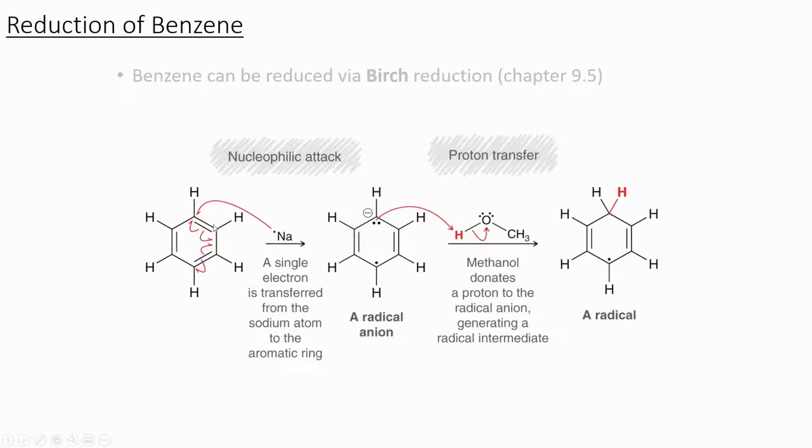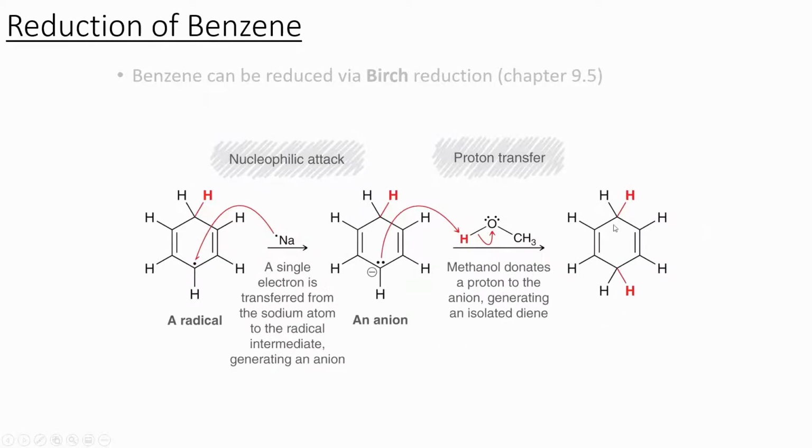First, we'll have nucleophilic attack by the sodium, and that will form a radical anion intermediate. You can see the electron pushing here. Then a proton transfer will occur, and then finally a radical. The radical then can undergo a second nucleophilic attack to form another anion, which will then be protonated with methanol to generate the isolated diene.